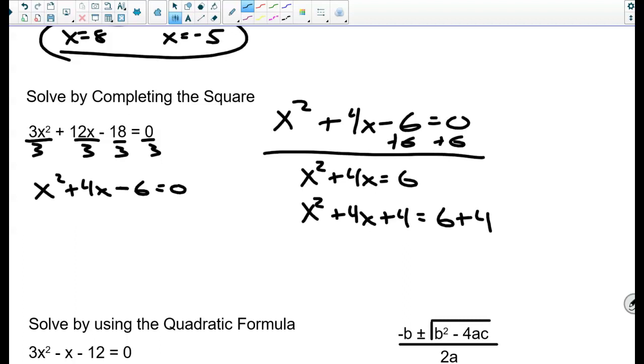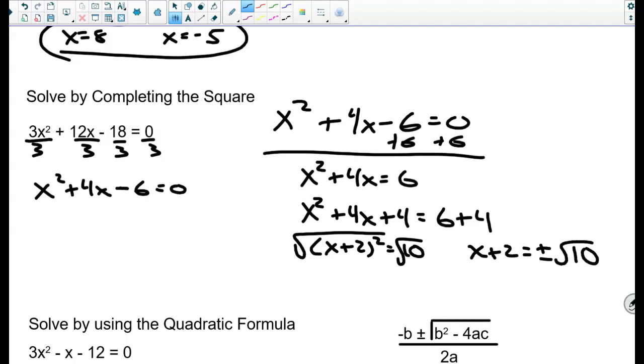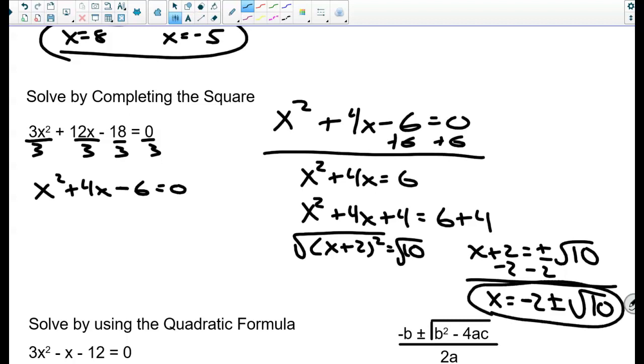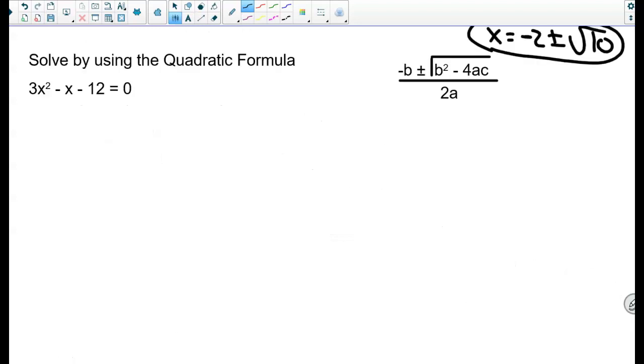And I add that number to the other side. I factor this. x plus 2 squared equals 10. Take the square root of both sides, and I'm left with x plus 2 equals plus or minus root 10. And we subtract it. x equals a negative 2 plus or minus root 10. That's completing the square.